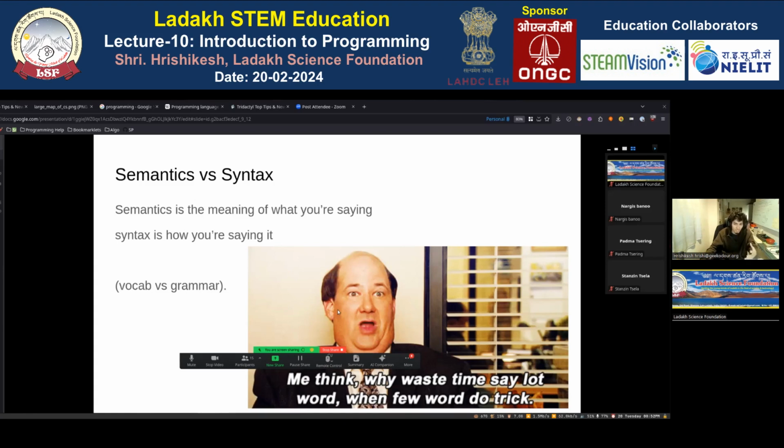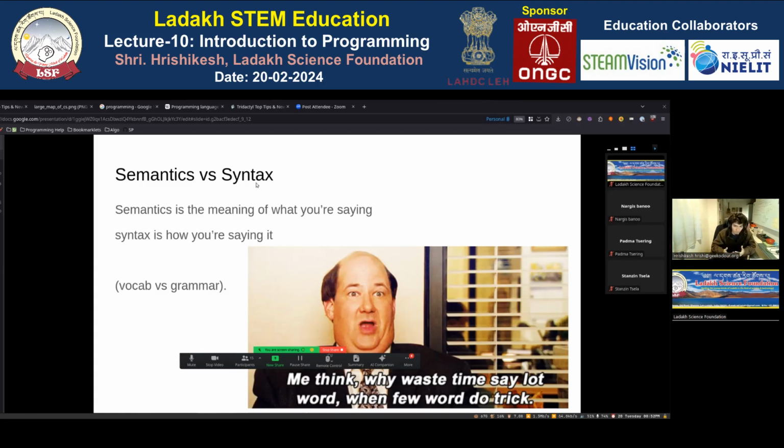When you talk about syntax, it's specifically about how you write it, very minute details. And semantics is at large what it means. This is very similar to vocabulary and grammar. You can write a word with spelling mistakes, but it still conveys the correct meaning. So that is the difference between syntax and semantics.